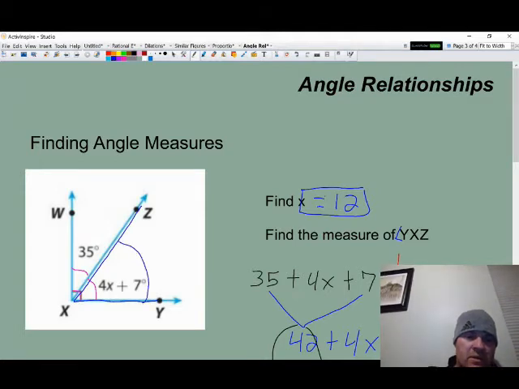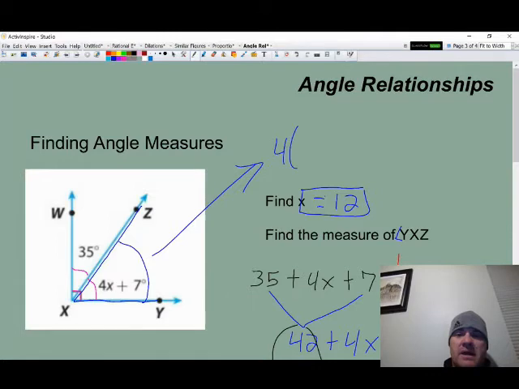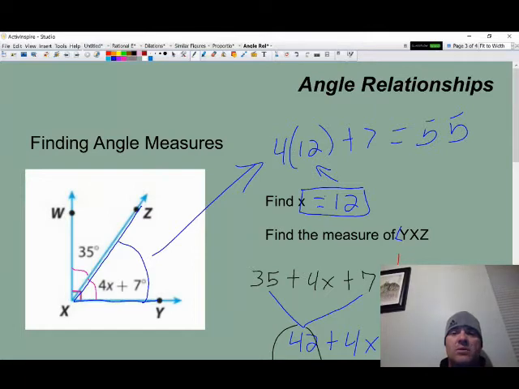I've got to find out what that measurement is. Well, that's easy because I know that that right there is 4 times x plus 7. So 4 times x, which we said was 12, plus 7. That looks like it's going to be 55 because 4 times 12 is 48 plus 7 is 55.